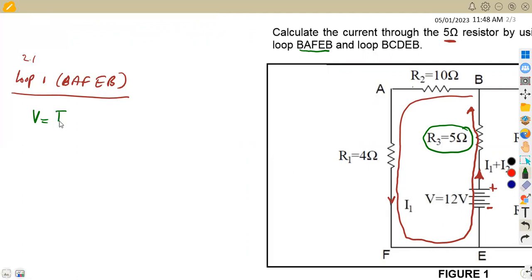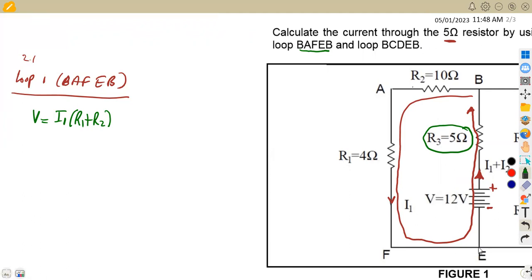So this is equal to the product of current times resistance. From B to A to F to E, we've got two resistors, R1 and R2. So we combine these together, R1 plus R2. That's a voltage drop that we have.